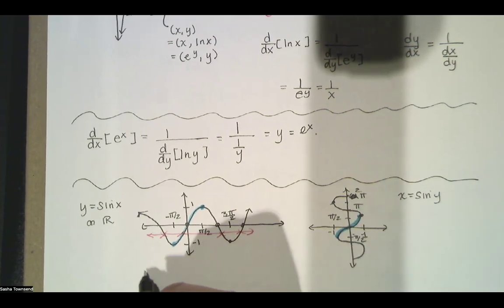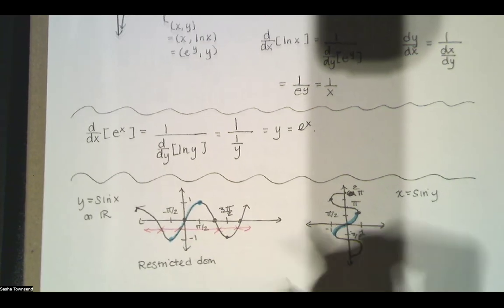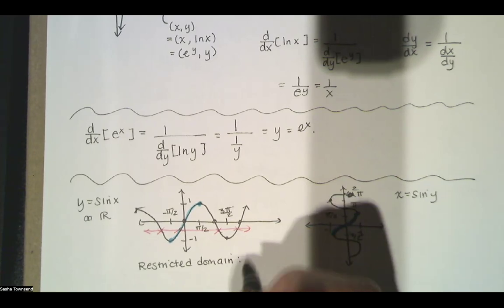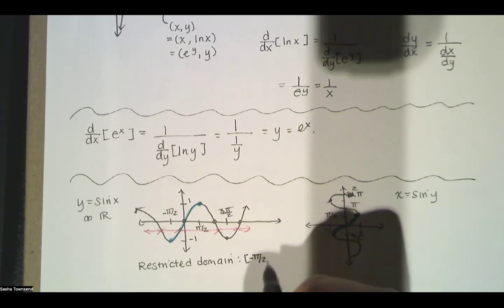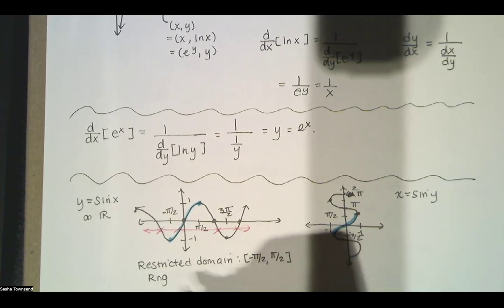So our restricted domain is -pi over 2 to pi over 2. And of course, the range of our restriction, we want that to stay the same as it was before, from -1 to 1.